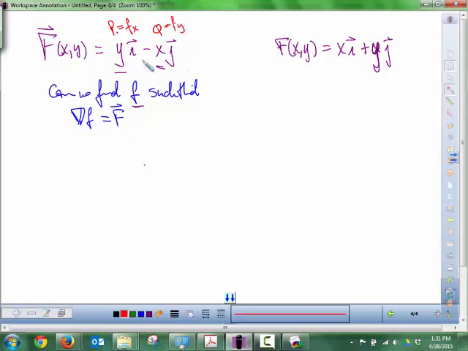And if we can find out what little f is based on this fact, then we actually have a gradient field. Does that make sense? If it's a gradient field, it's a gradient vector, which means it came from a function whose derivative with respect to x is in the first component, and the derivative with respect to y is in the second component. So now I want to essentially do the antiderivative. So from y, if I take the antiderivative of y with respect to x, then I could possibly obtain my original function f. Yeah?